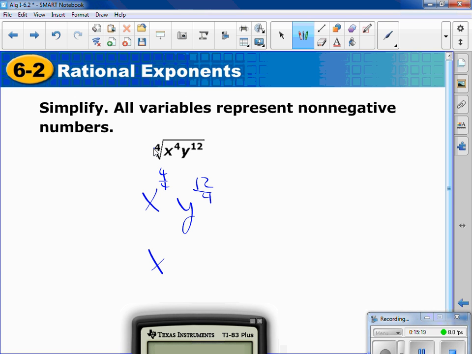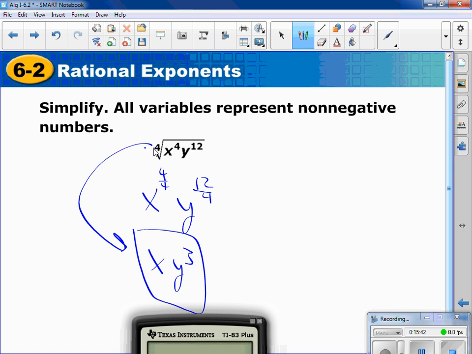And 12 divided by 4 is? You don't have to put the 1. We know it's a 1. It is okay if you go directly from this to here. Divide by 4 is 1, divide by 4 is 3, done.